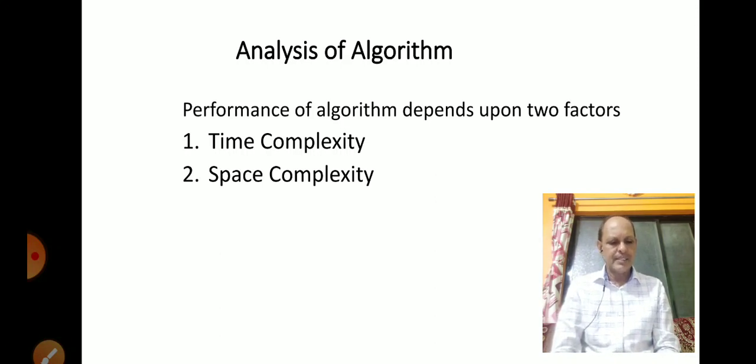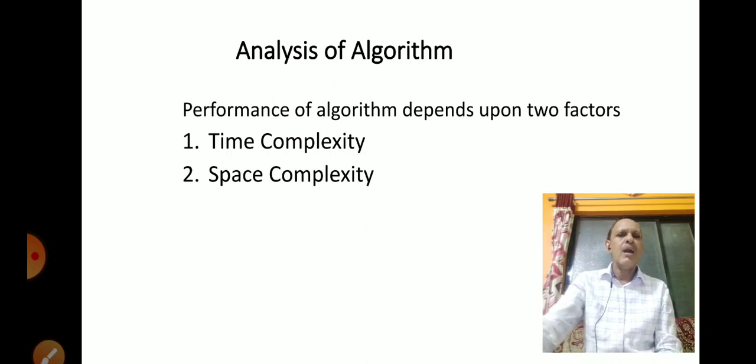Thus the time taken by any piece of code to run is known as the time complexity of that code. Calculation of exact time is very difficult. However, a rough estimate can be made for calculating the time complexity.